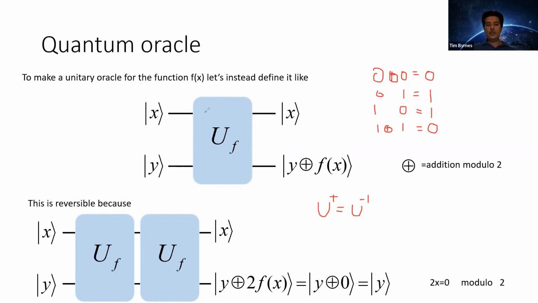In this case, this thing UF is a real matrix, so it turns out that U transpose is equal to U. And we can work out that this is in fact the inverse and the transpose of itself, because if we apply this twice, imagine you've got two inputs here, x and y. These are all binary numbers. Maybe I forgot to mention this.